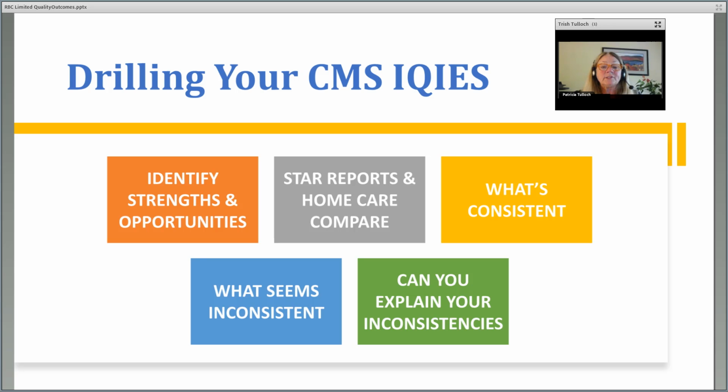So when you do your self-assessment, you want to gather your reports. This is an example of taking your CMS Agency Patient Characteristics report and print that up for 2 years. You can get a 2-year report that'll show you how you answer every OASIS item over the 2-year period. And then you can analyze and confirm where are the consistencies and strengths and where do we have opportunities to improve.